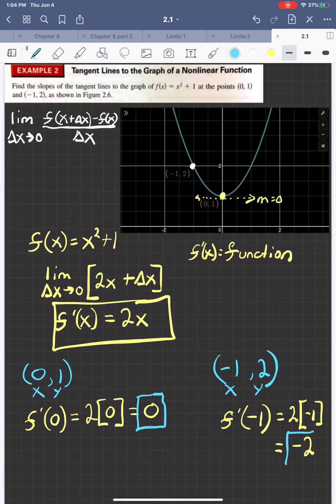So what we just found out is that the slope of this tangent line to this curve is -2. So m is equal to -2.